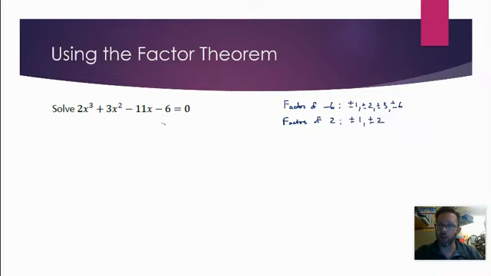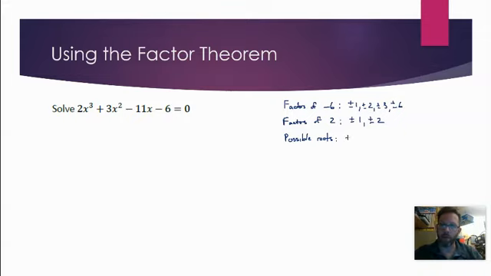And so if you recall, the factor theorem, or the rational zero theorem, says that any root of our equation will be of the form b over a, where b is a factor of -6 and a is a factor of 2. So combining all these, we can get a positive or negative 1/1, 2/1, 3/1, or 6/1.